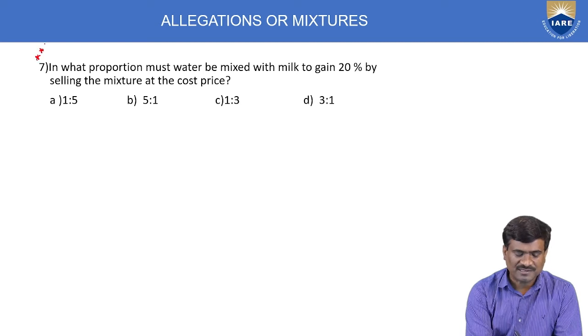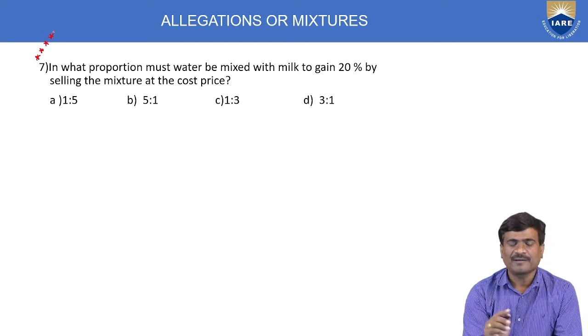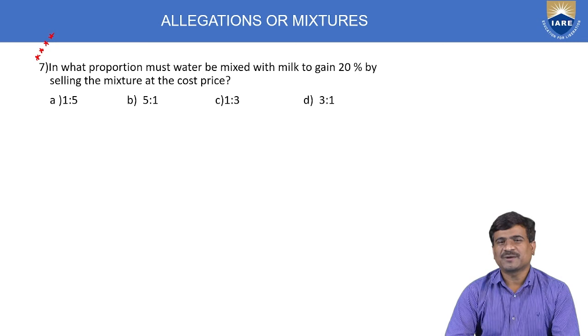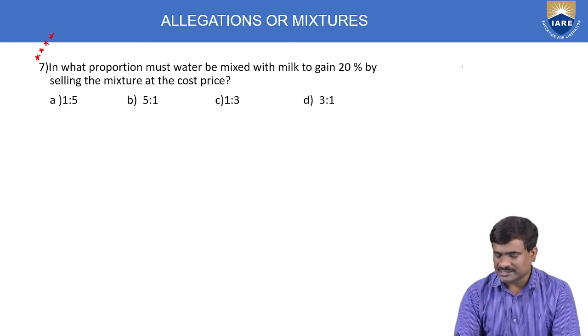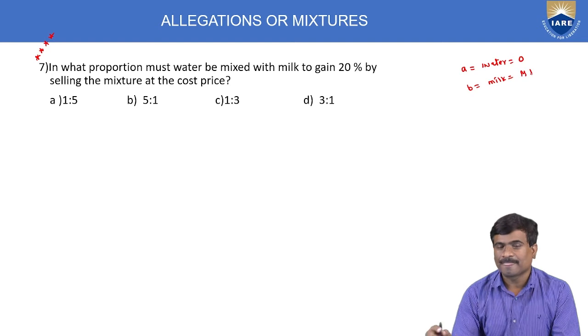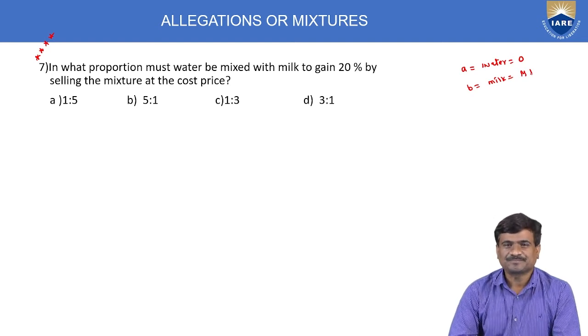Here the cost price of water is not given, and the cost price of milk is also not given. Let the cost price of 1 liter of water be rupees 0 and the cost price of milk be rupees 1 respectively, and find the mixture price.